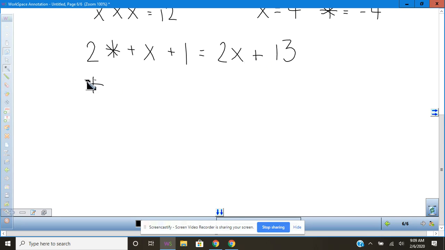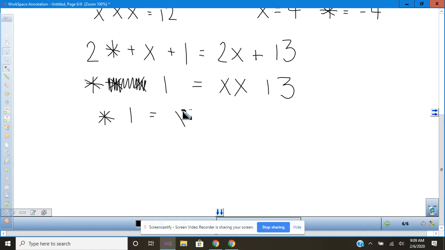Well, I'm going to draw it out. 2 stars plus x plus 1 equals 2 x's and a 13. So how can I do this? Well, I can get rid of my zero pair. Goodbye, zero pair. Now I have a star and a 1 equals 2 x's and a 13.